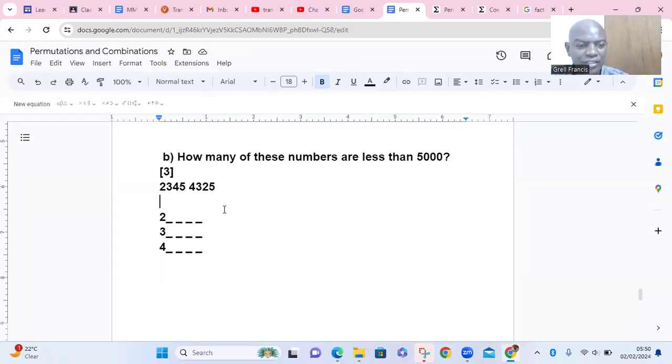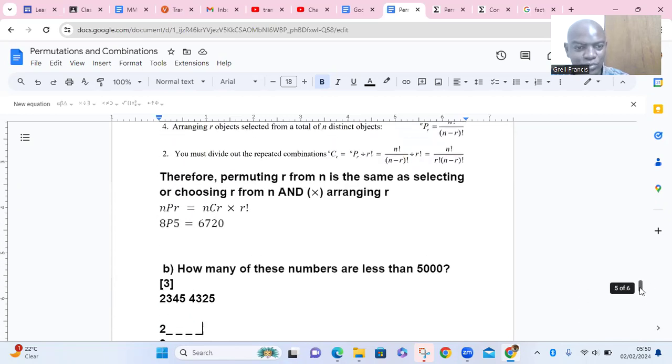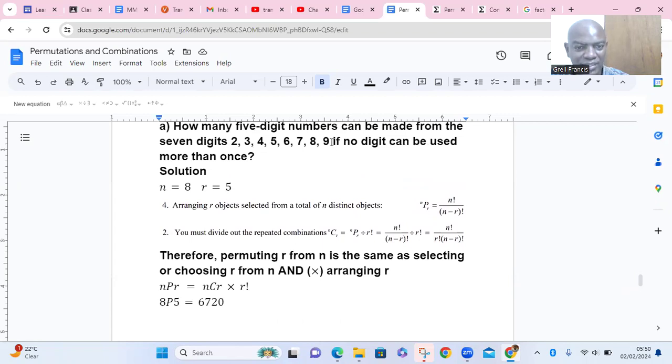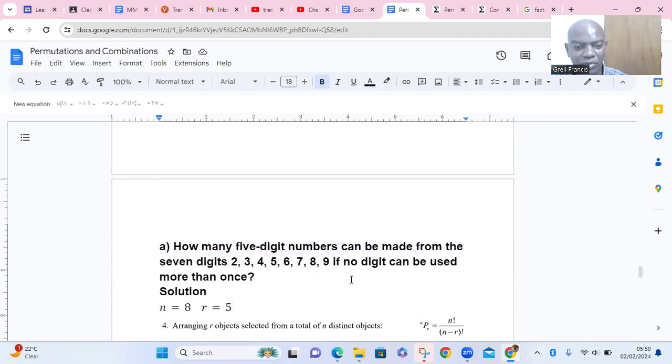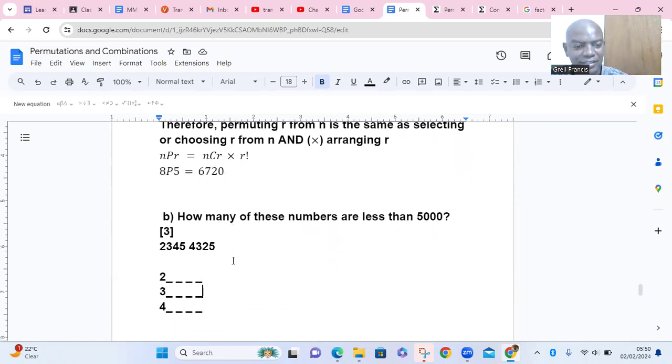So to calculate how many of those 5-digit numbers begin with 2, we fix the 2. That means we take the number 2 from the set, and we are left with 7 digits. The set that we are going to select from contains 7 digits because 2 has been fixed.